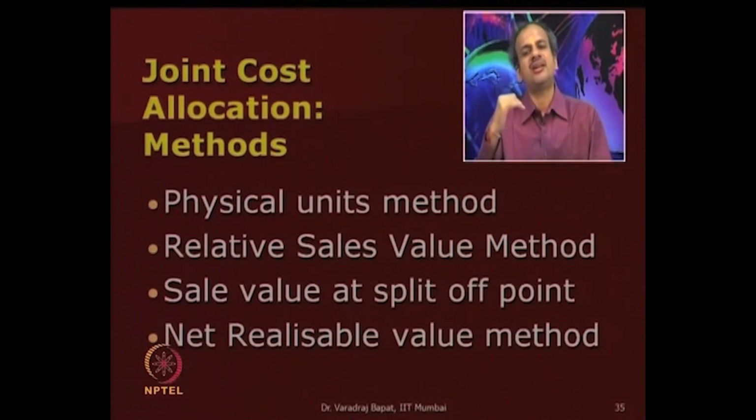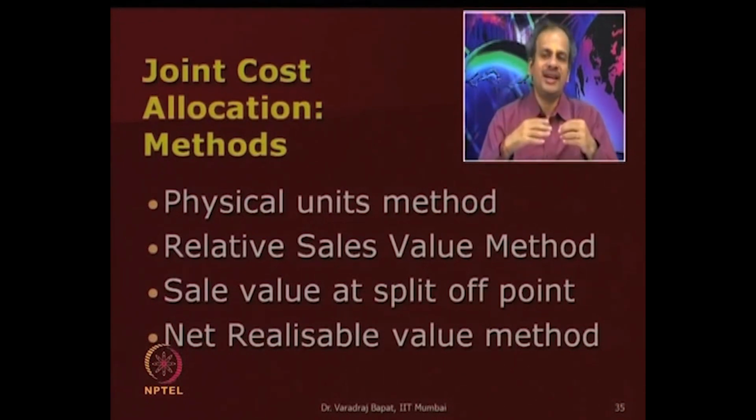There is another method known as relative sale value. Here the sale value is taken as a base, and from the sale value the post processing costs, or after split off costs, are reduced. So we get the relative sale value. Sometimes we know sale values at the split off point.